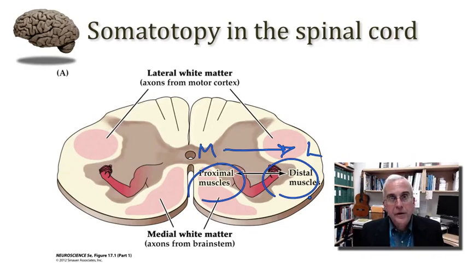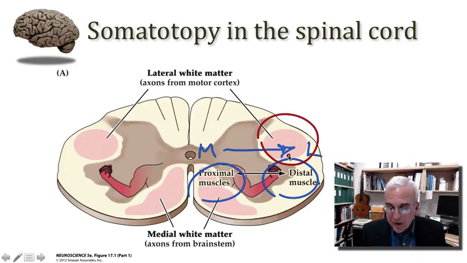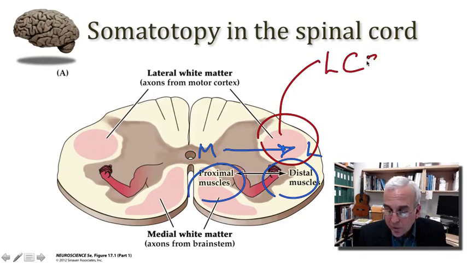Now, as we turn our attention to the way that upper motor neurons control these lower motor neurons, I would highlight that we see the same medial to lateral organization with respect to the white matter that provides a means for upper motor neurons to communicate with lower motor neurons. Out here in the lateral part of the spinal cord is where we find the lateral corticospinal tract.